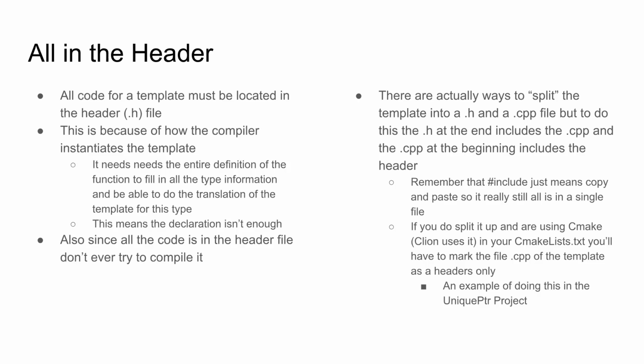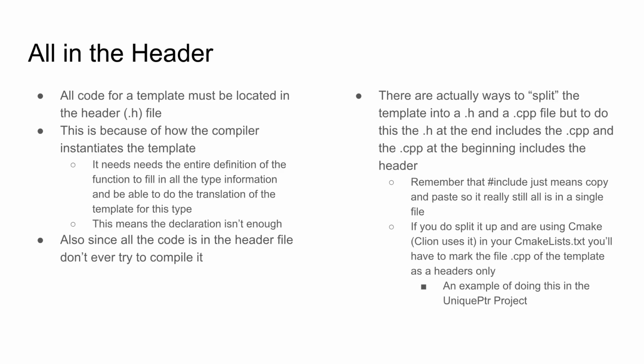One of the things about templated code is that it shouldn't be compiled. It tells you how to write other code. So you're never going to compile templates, and in general, all templated code goes in the header file. You need to include this header file anywhere you want to use the stuff inside of it, because the compiler needs all that information to know how to instantiate things.